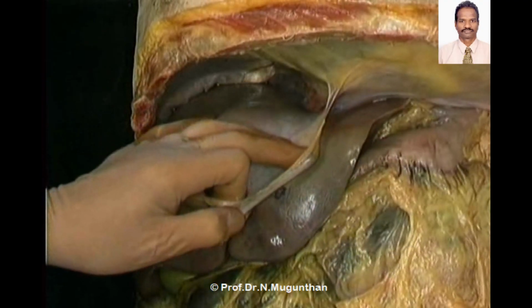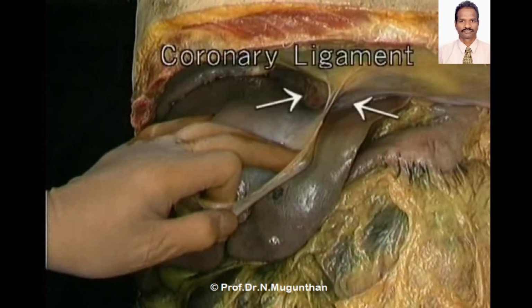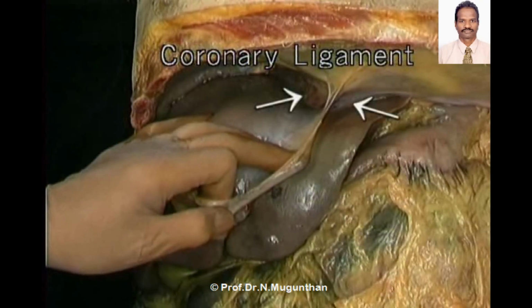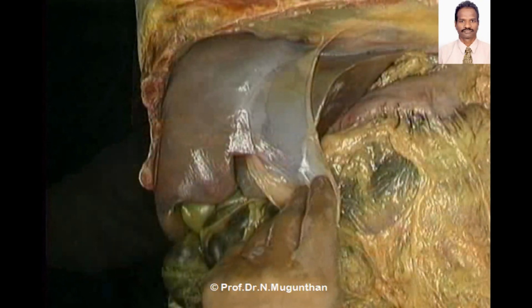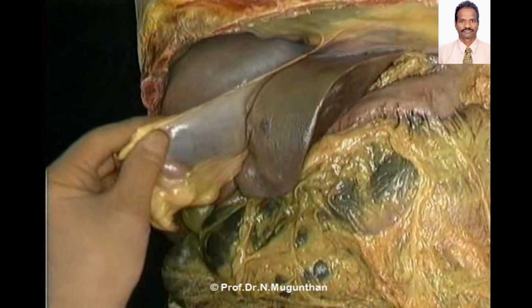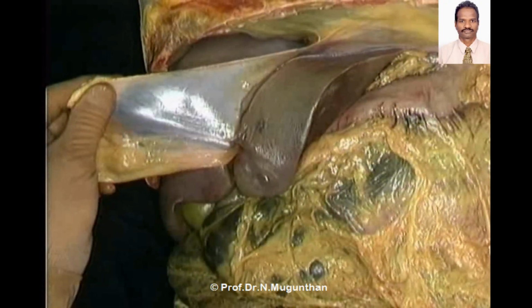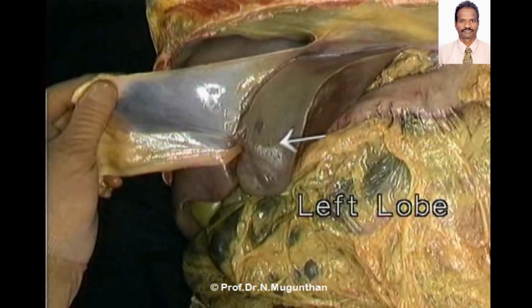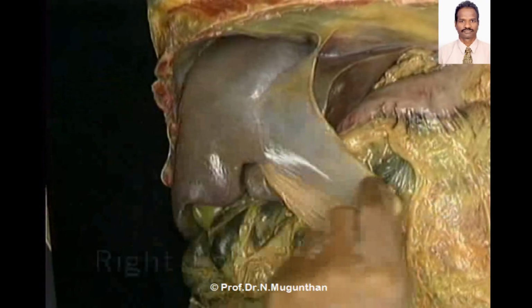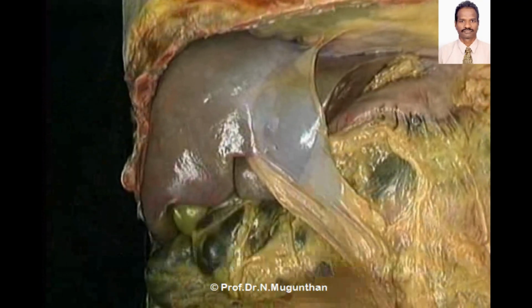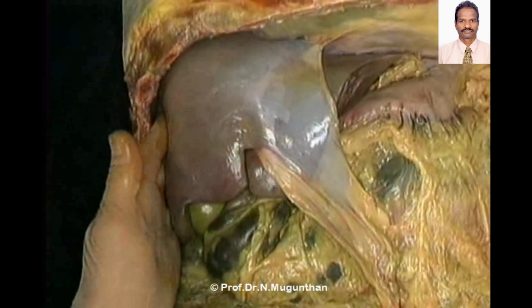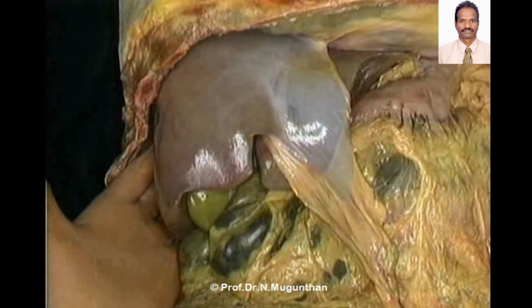The parietal peritoneum is reflected from the diaphragm along the anterior surface of the liver. When the parietal peritoneum is reflected from the diaphragm to the liver, it forms the coronary ligament. What you are seeing is the falciform ligament only, anatomically dividing the right lobe and the left lobe of the liver.